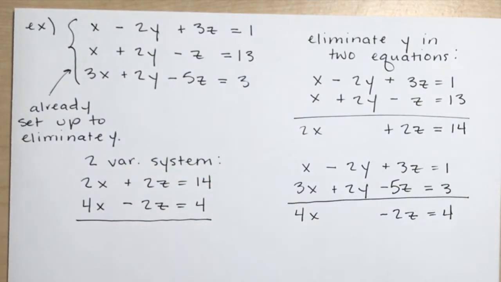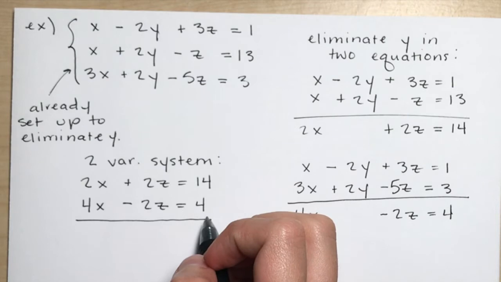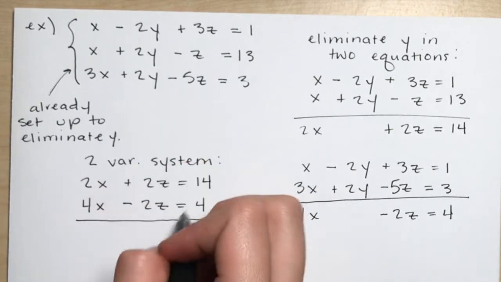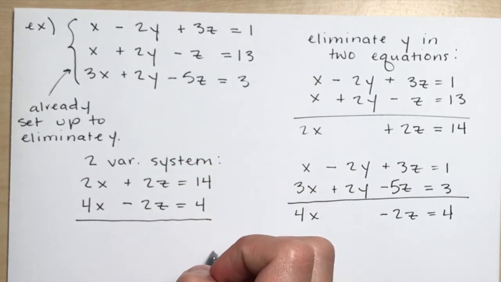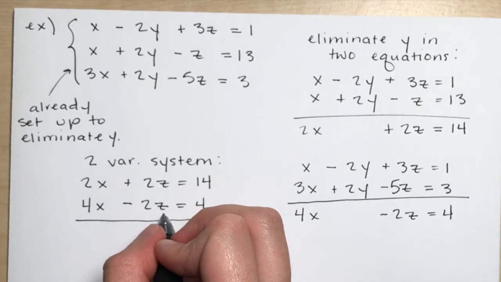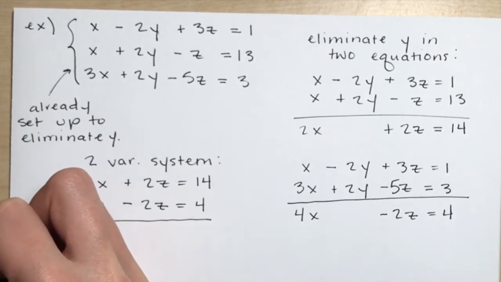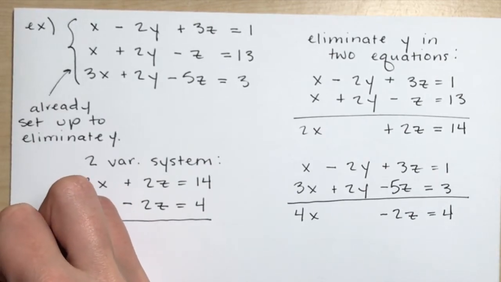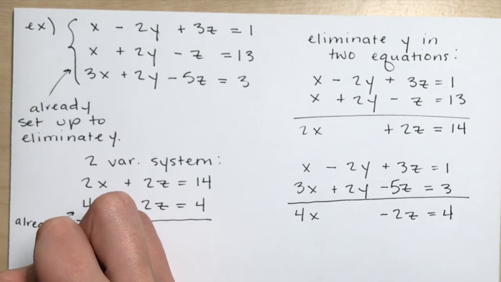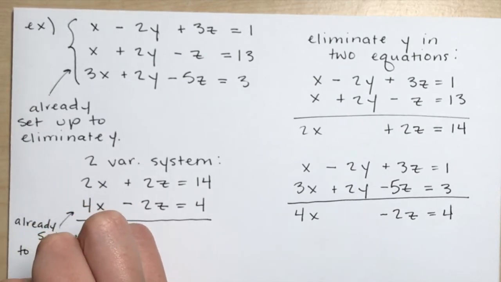Now, we can solve this system using whichever method we want. We can either use elimination or substitution. But what's up with this? What would be easier here? We're already set up to eliminate z.